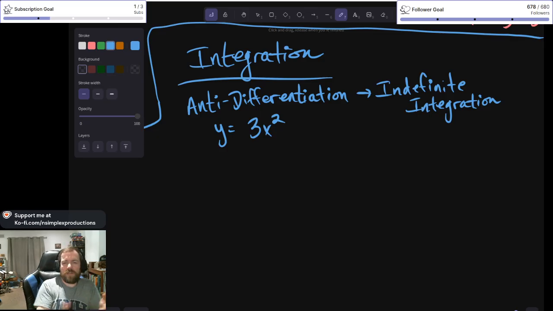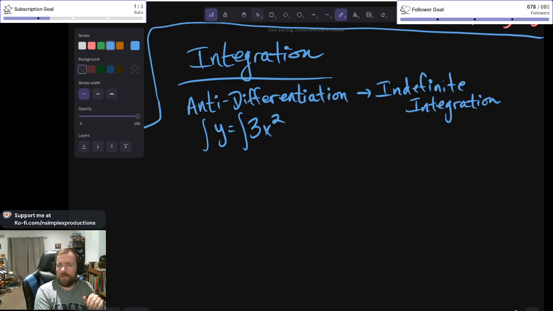We see y equals 3x squared. If we want to do the antiderivative of this particular thing, most of the time we would take, again, the antiderivative.